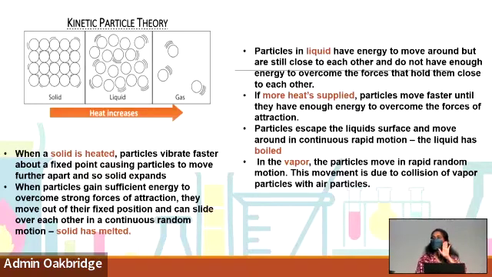These are the 5 factors which will affect rate of reaction. So this rate of reaction is very much related to kinetic particle theory. And this kinetic particle theory, their movement, their vibration, and their performance is very much related to collision theory.